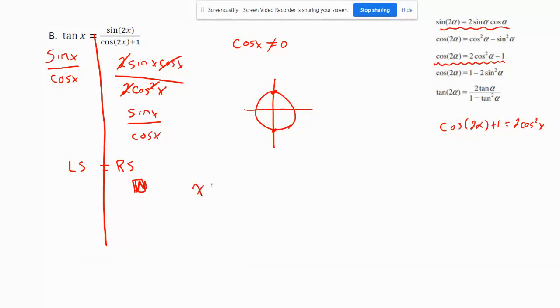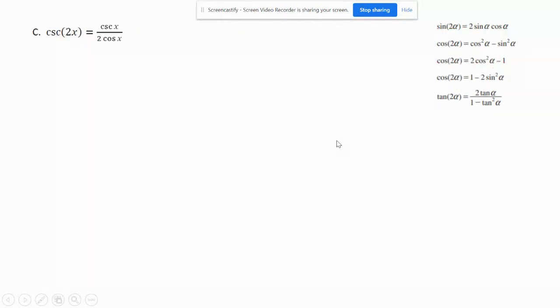So that means x cannot equal pi over 2 plus pi n. And so again, this is going to be kind of the top. If you go plus pi, you hit the bottom, plus pi like this. And it's going to account for all of our non-permissible values here. Okay, so we've proven the identity, we've included our non-permissible values, and we have made a concluding statement to say that we're finished this example over here.